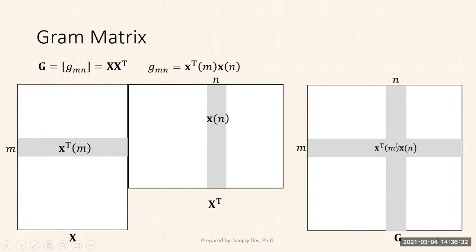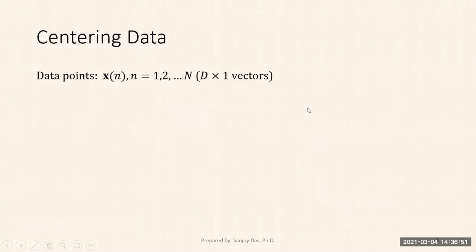This is G_mn. G_mn is in the mth row, nth column of this matrix G, and that's equal to x_m transpose x_n. Okay? This is the Gram matrix.